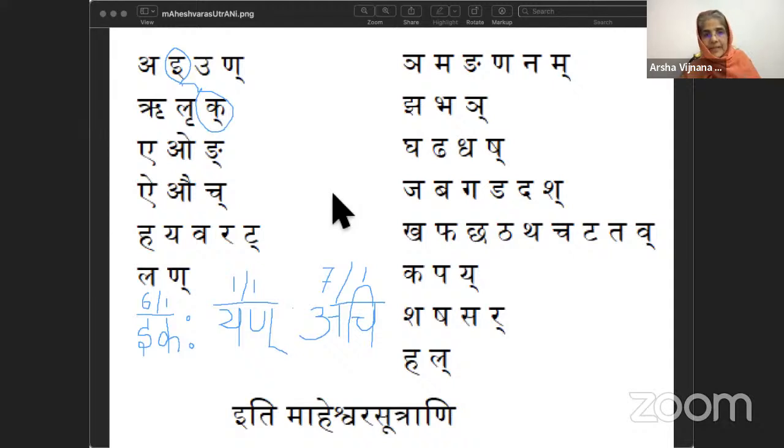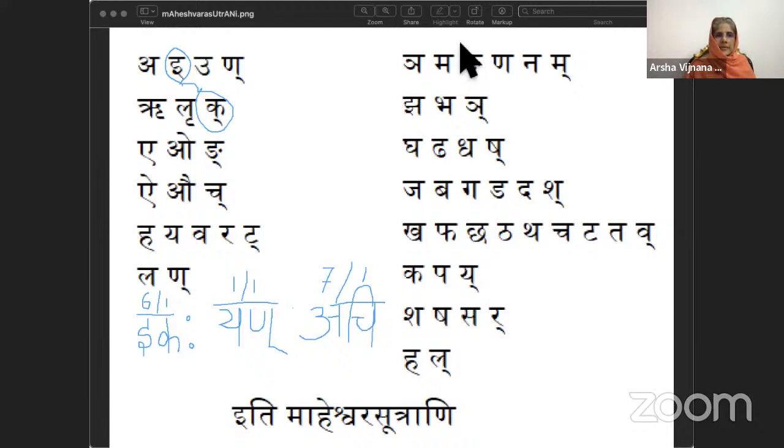We can't just say all the vowels; we have to say when any vowel follows. So the substitution for ik letters is yan. Any ik letter becomes a yan letter when any vowel follows.